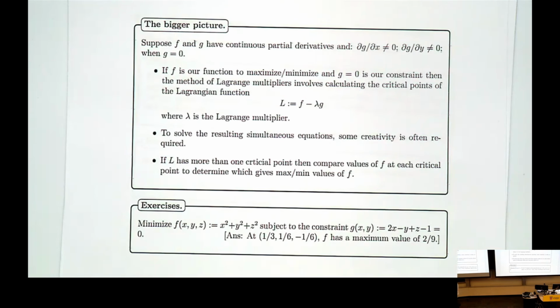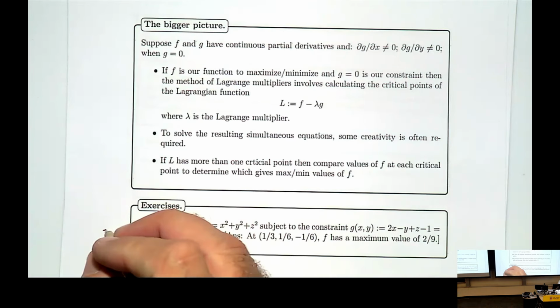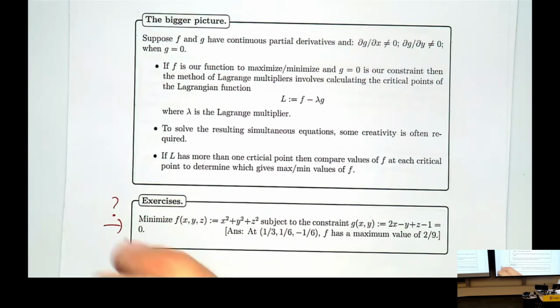Now, this is again, just for repetition and whatnot, I've just listed the method up here in the bigger picture for these Lagrangian problems. But there's something wrong with this. I was looking at this last night, and there is definitely something wrong with this question.